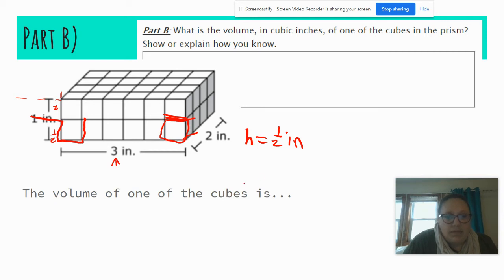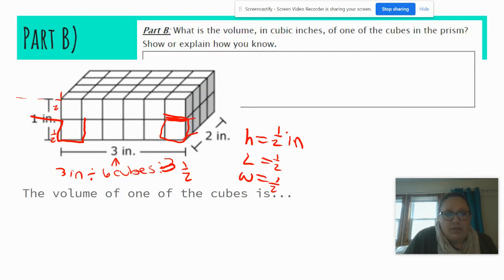The length would also be 1/2 inch, because we have 6 cubes across 3 inches, and 3 inches divided by 6 cubes would give us 1/2 inch per cube. And then the width is also 1/2, because we have 2 inches divided among 4 cubes, which is 1/2 inch per cube.